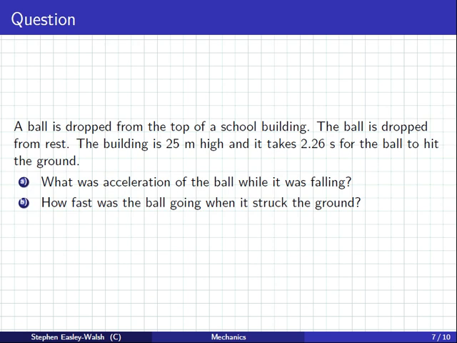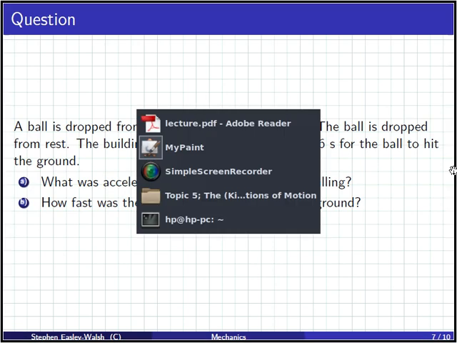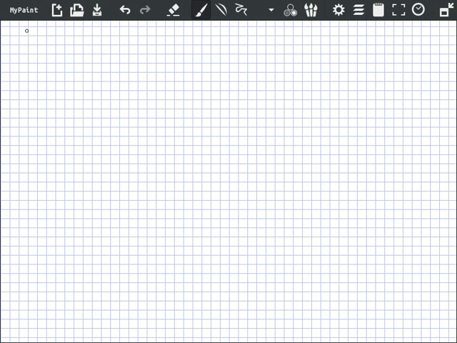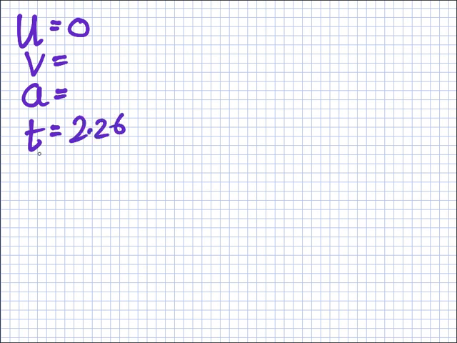Okay, you should be finished that one now. Let's have a look. What's the U here? 0. The V we don't know. The A we don't know. The T is 2.26. And the S?